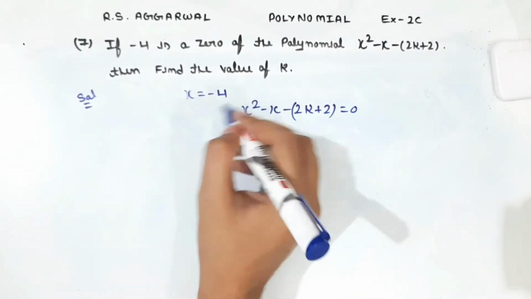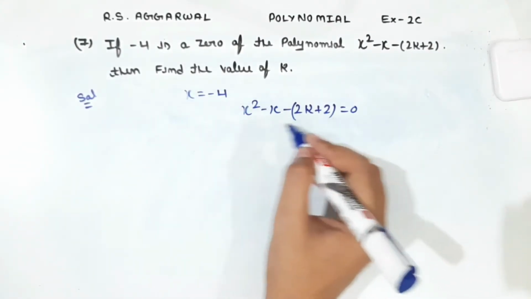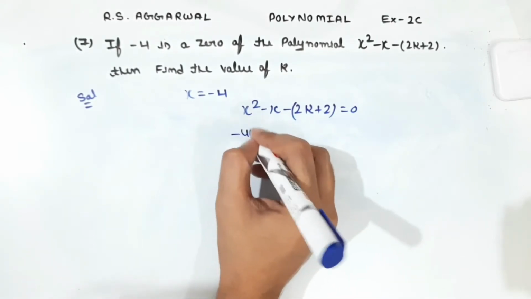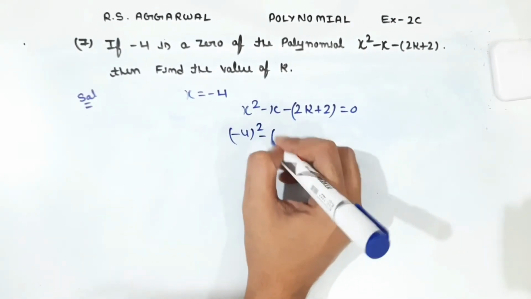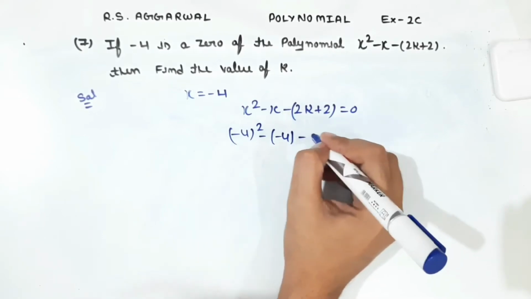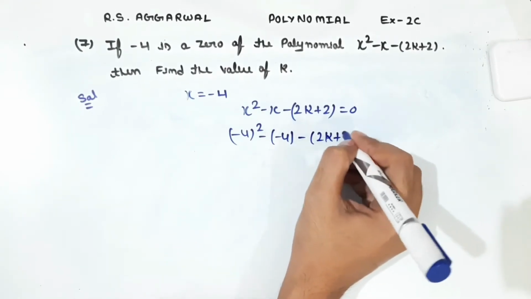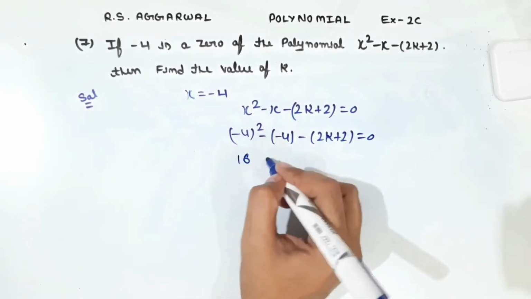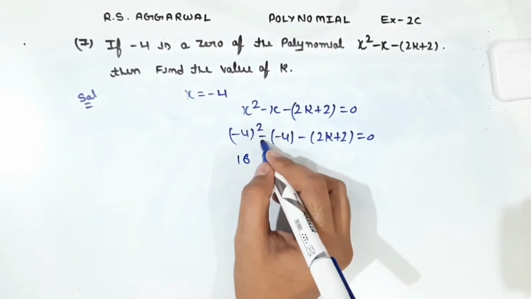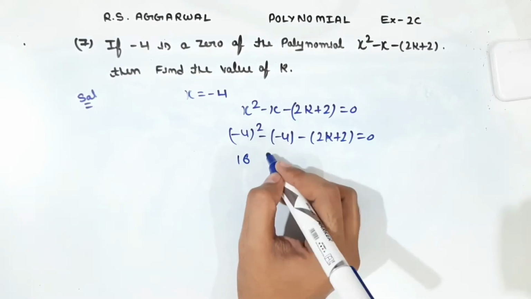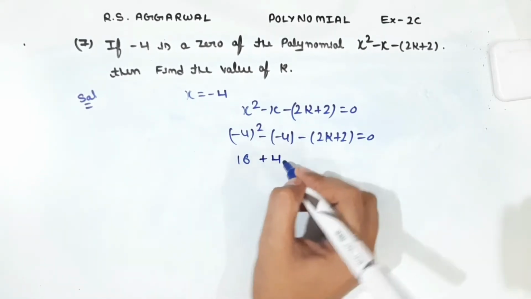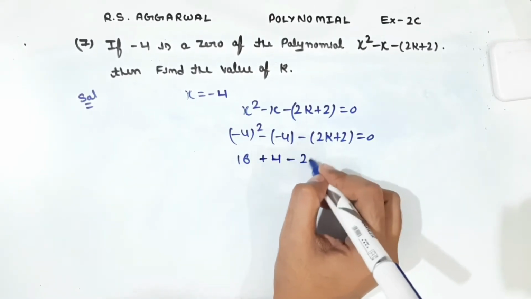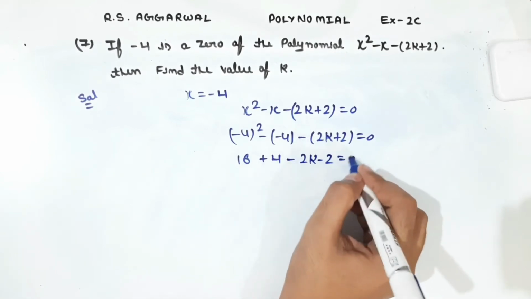So now putting x equals to minus 4 in given polynomial, minus 4 square minus minus 4 minus 2k plus 2 equals to 0. So minus 4 square will be 16, minus plus, that will be 4 plus 4 minus 2k minus 2 equals to 0.